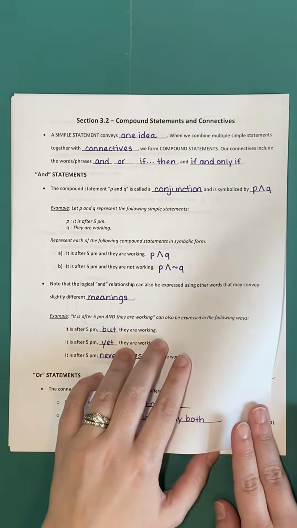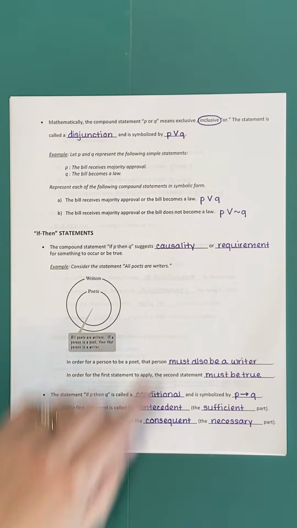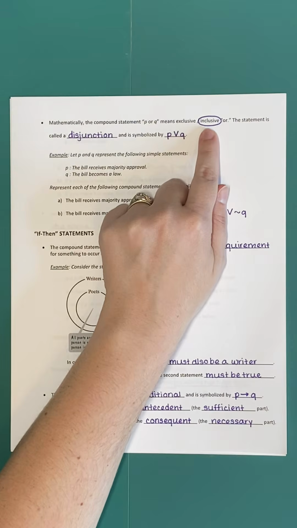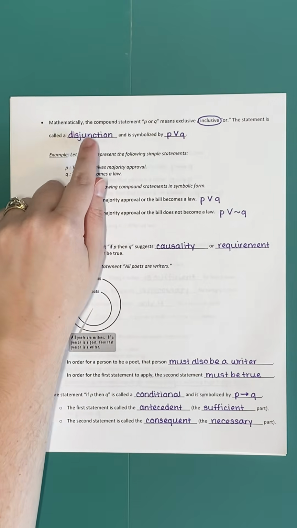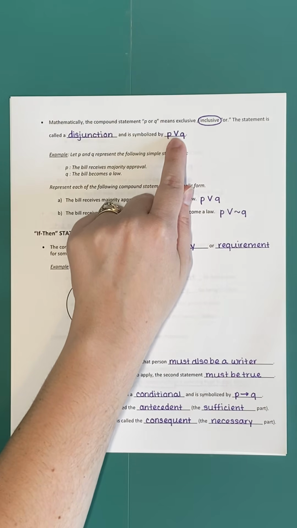Now, when we talk about the term or in mathematics, in logic, we're using the inclusive or. We're allowing for the possibility of both. So the statement P or Q, again, represents inclusive or. We call this statement a disjunction, and the disjunction symbol is going to be a down arrow.